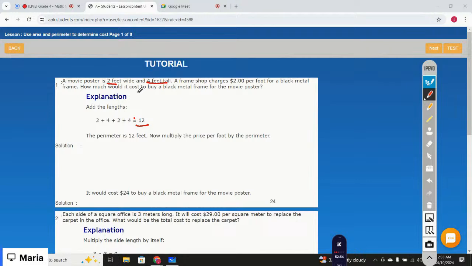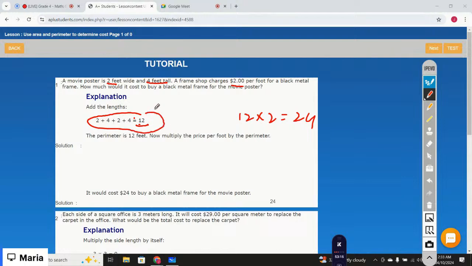Now you can find the cost if you want to use the black metal frame. You have to do 12 times 2, because for per foot you need $2. 12 times 2 is 24.